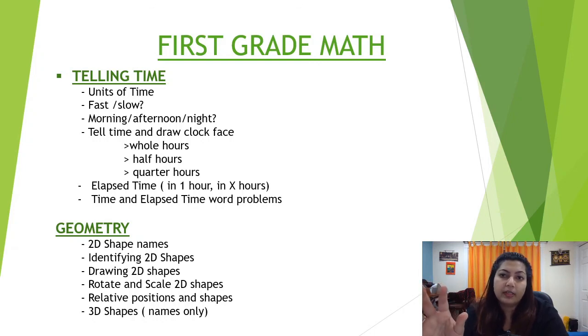It's just like, say, a square has 4 sides. Quadrilateral is actually not there. We will talk about square, circle, the basic 2-dimensional shapes. And 3D, we will only do the names, like cylinder, pyramid and cubes, things like that.